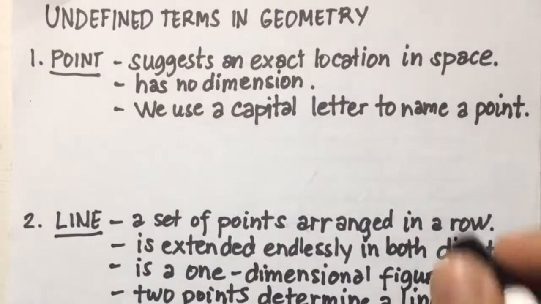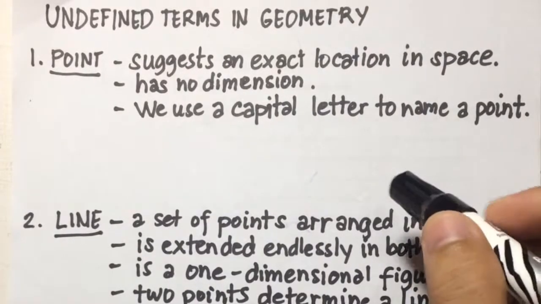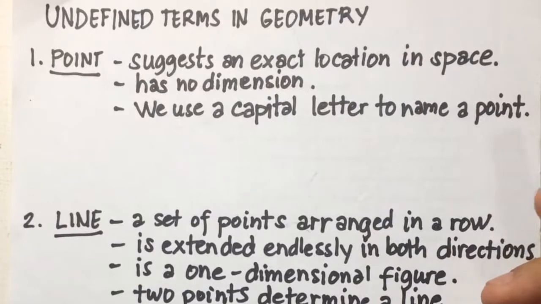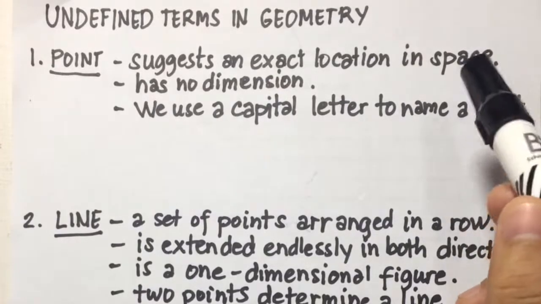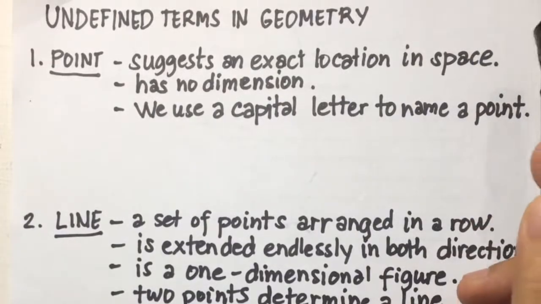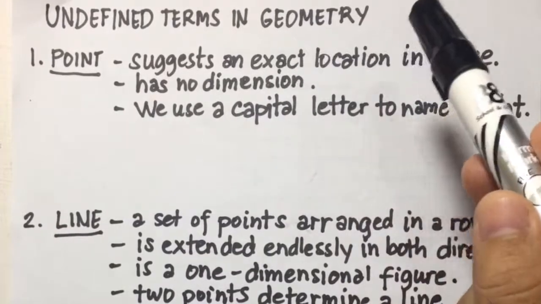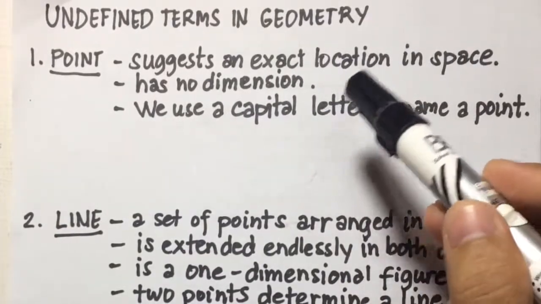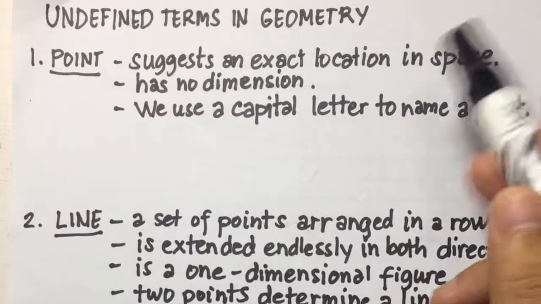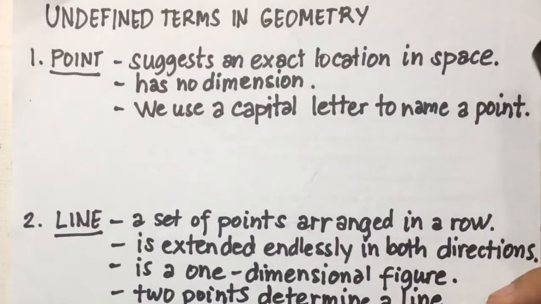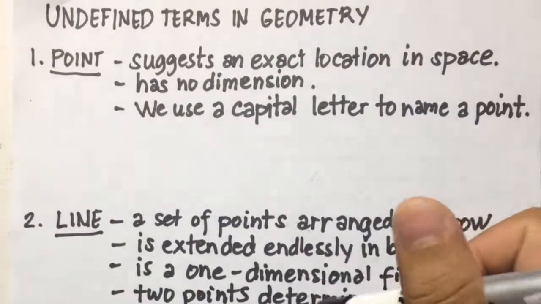So for example, if we're going to have a map, you can determine the exact location of a place using a point. Then second, it has no dimension, so no length, no width, or no height. In naming a point, we use a capital letter.